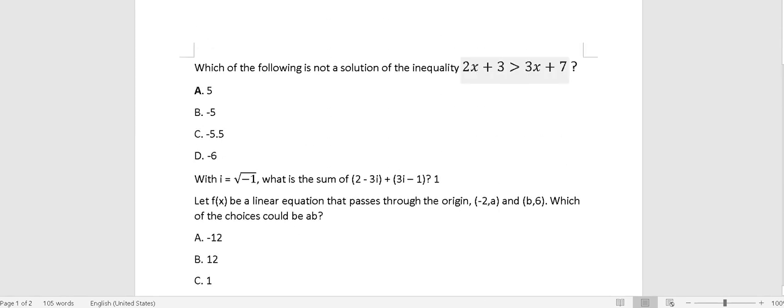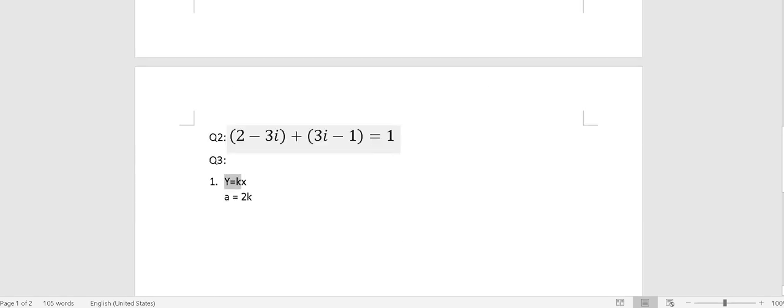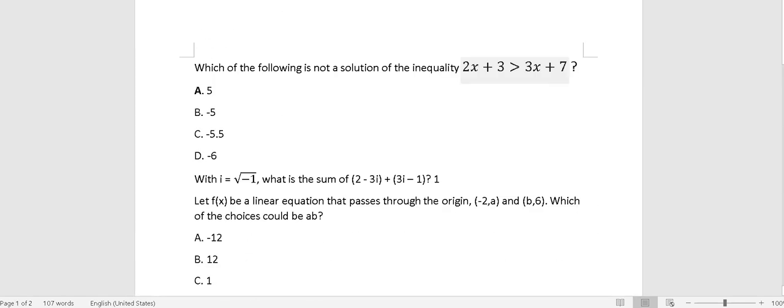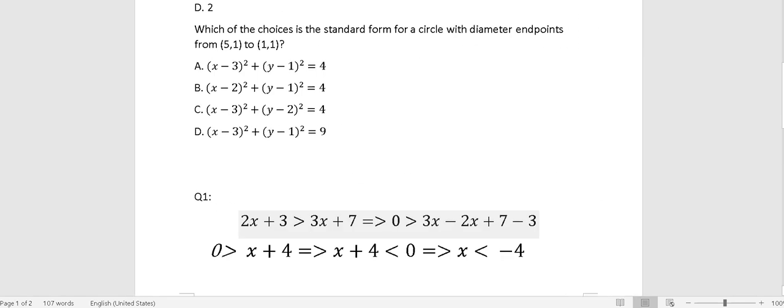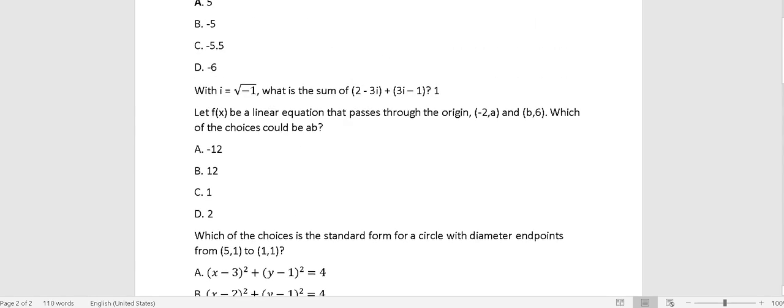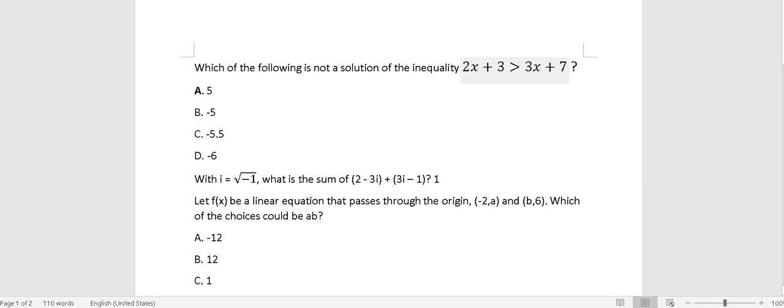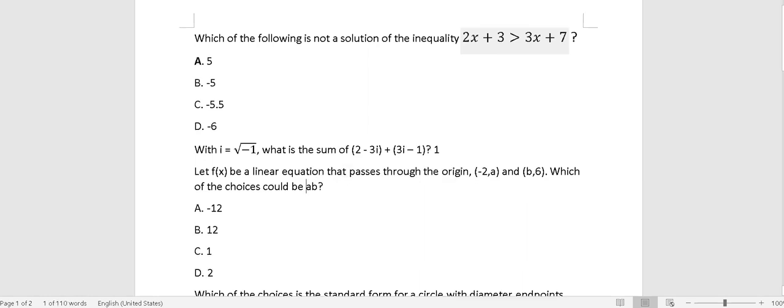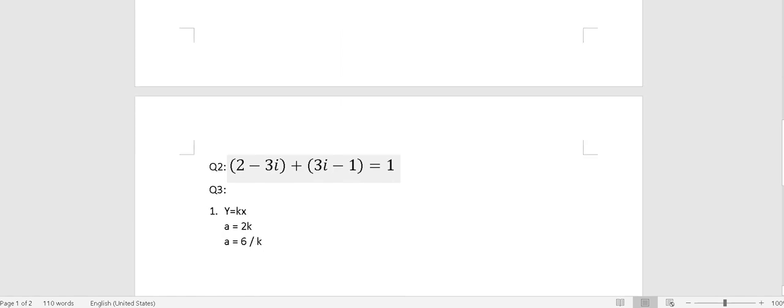And if we also substitute B6 into this form, we will get A equals 6 divided by K, right? And the question asks for the multiplication of these, of A and B, and so we will.